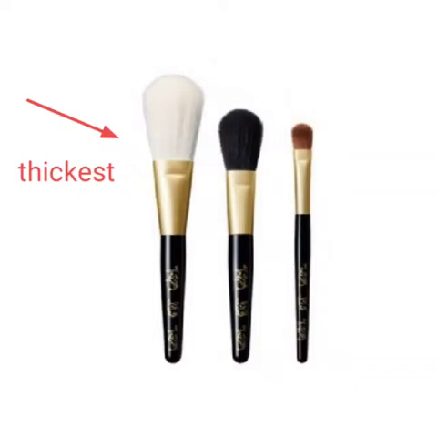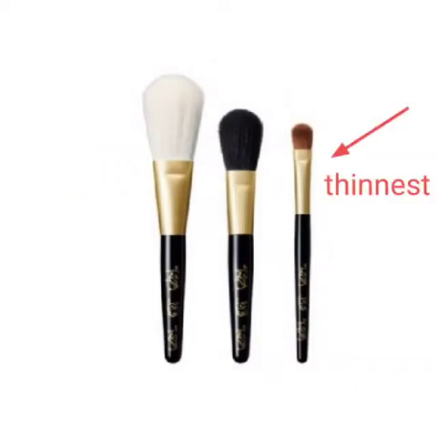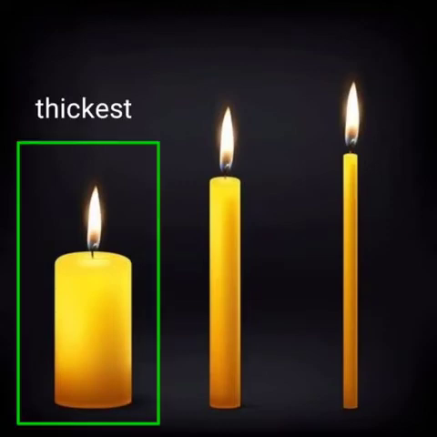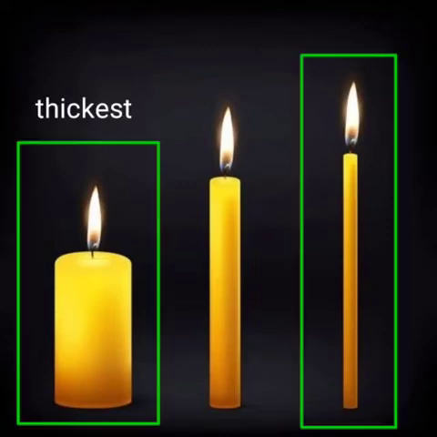This one. And which one is the thinnest brush in these? Yes, this one. Very good. As you can see in this picture, there are three candles. So now we have to find out thickest candle and thinnest candle. Yes, this is a thickest candle and this is a thinnest candle.